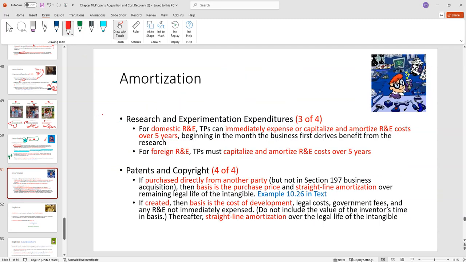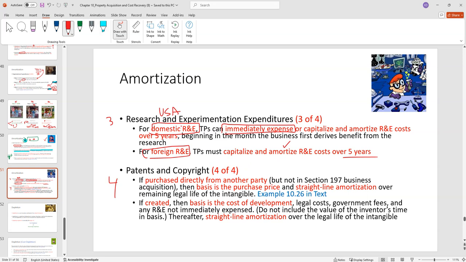All right, so other situations where you can see amortization expense, 3 and 4. For domestic R&E, in the USA, generally you're going to immediately expense that amount. It used to be that you had to capitalize it and amortize, but theoretically you could. Foreign R&E, if it happens outside of the United States, then you capitalize and amortize over 5 years, that 180 months.